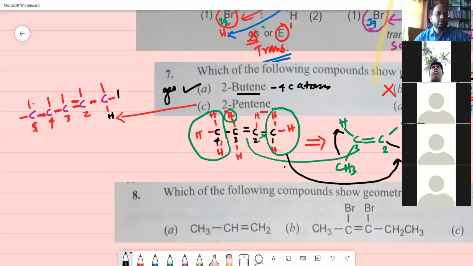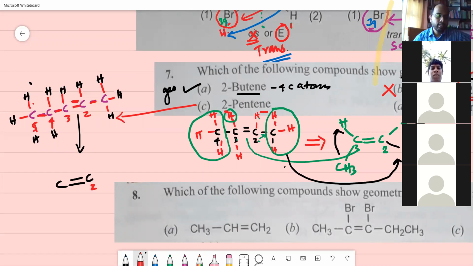H, H, H. All the missing links you have to fill with H. And here you don't have any H. So now you write the double bond. This is the second carbon atom and this is the third carbon atom. If you write the double bond, you can put the H here.